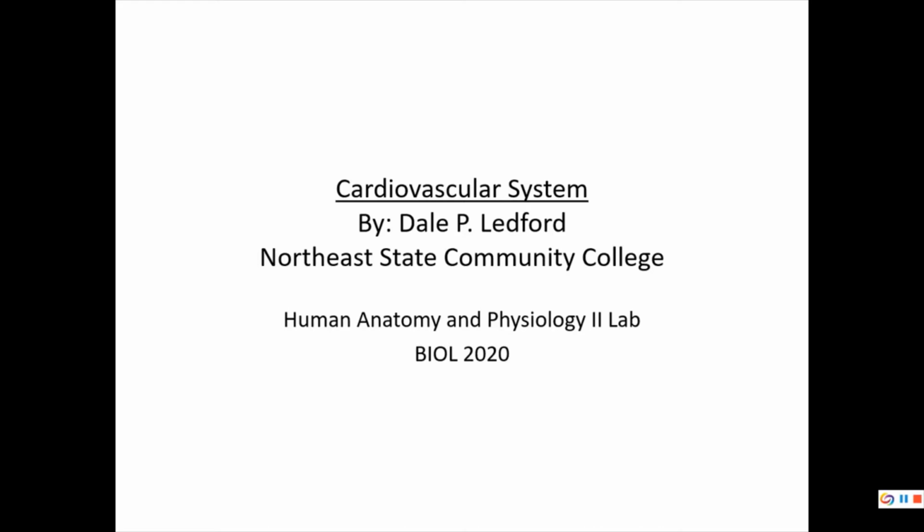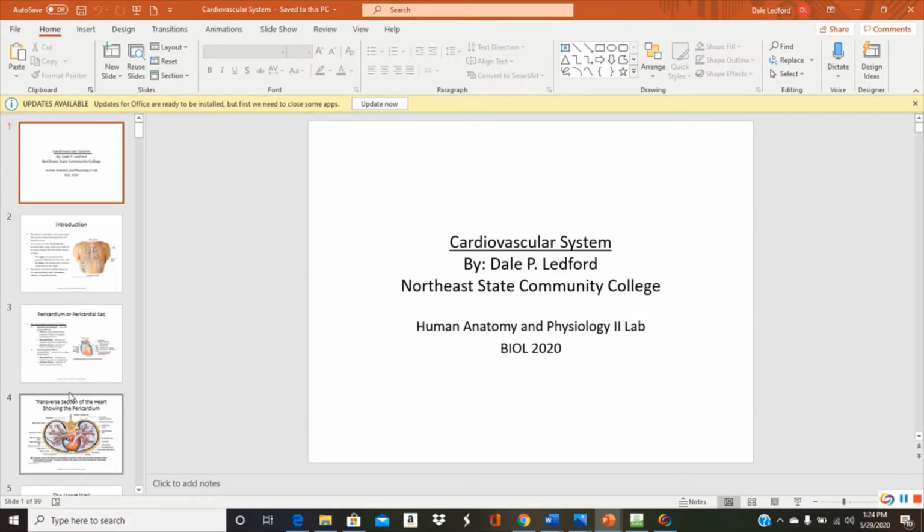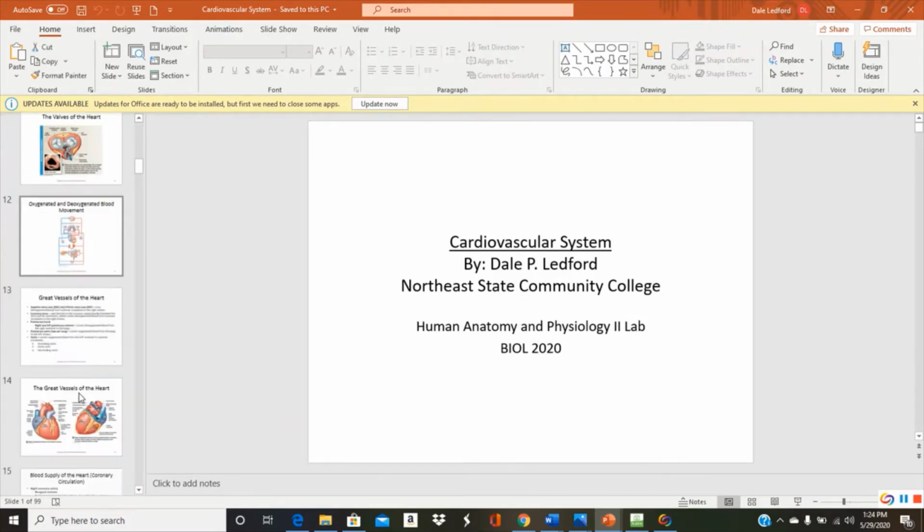But in this case, we're having to combine the cardiovascular system and the blood vessels all in one lab. I'm going to go ahead and say it here: I'm redoing this lab so that when you do blood vessels, just remember you're going to have to do them all together, Labs 5 and 6.